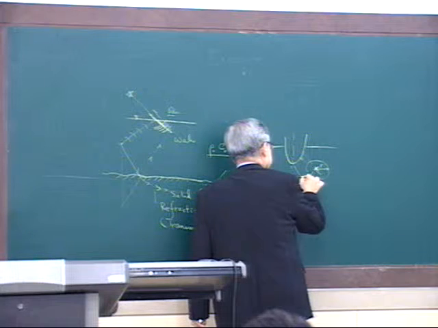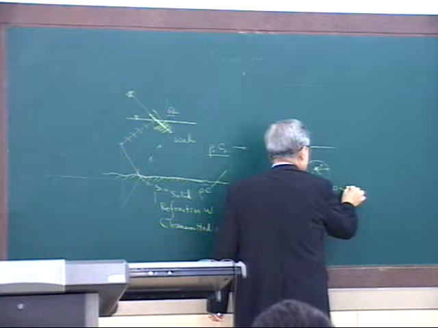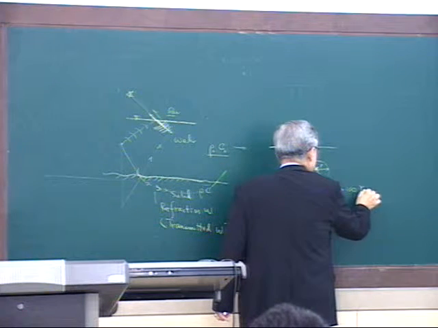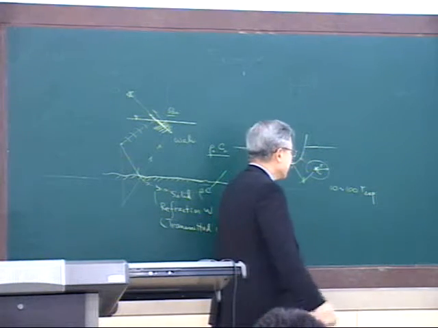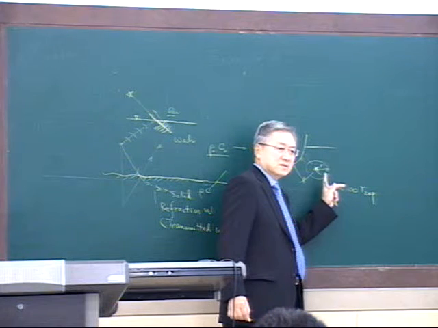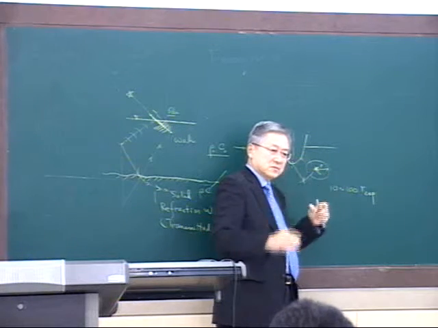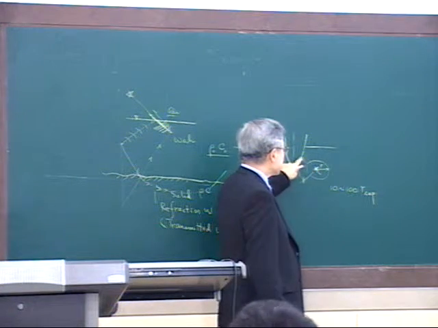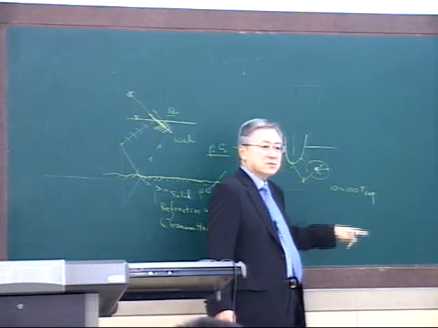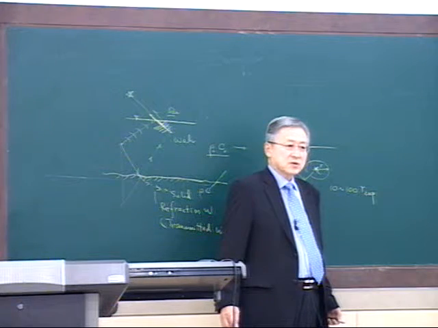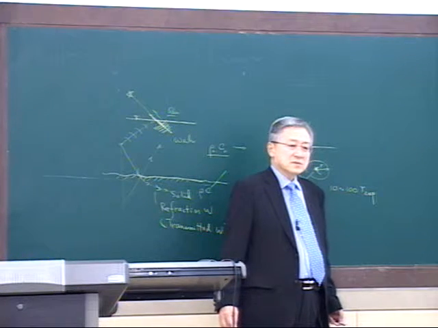Radius is, let's call it R. If this distance is about 10 to 100 radii of the explosive charge, the radius of a solid explosive depending on the size of the charge, then in that range you can do a lot of things.